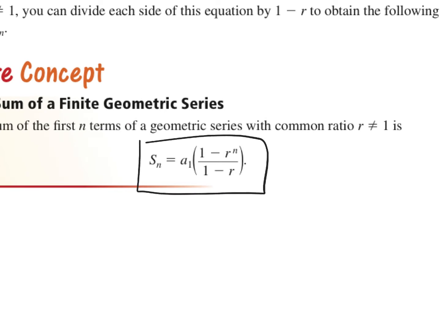So when we're looking for the sum, we plug everything into here. So a sub 1 is just like it was before, our first term. R is our ratio. And n is the number of terms.